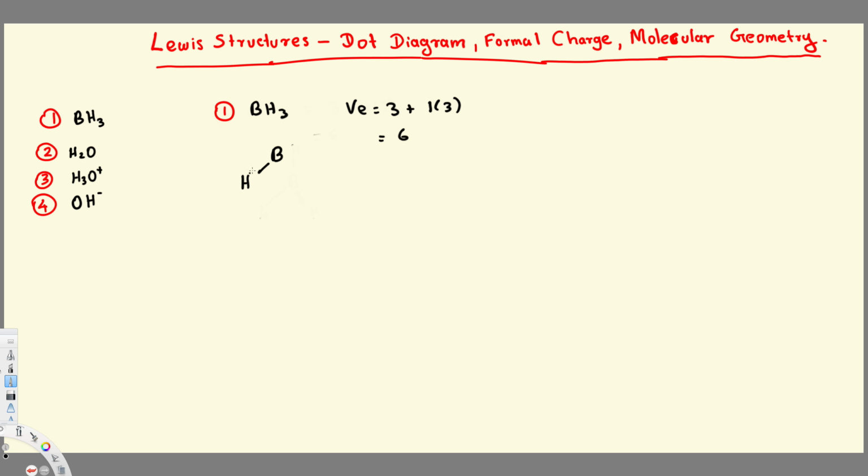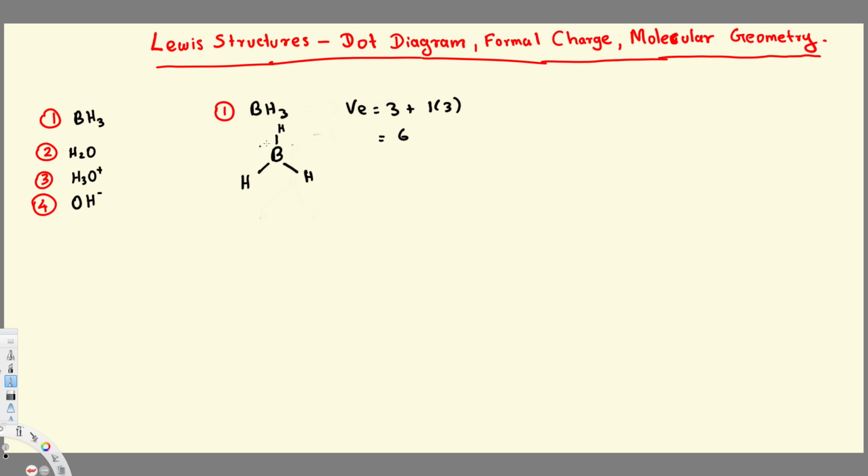So each hydrogen is going to have one bond right here, like this, and we don't have anything else. 6 electrons are finished, and this is going to be the structure. Boron is an exception to the octet rule, because all the atoms try to have 8 electrons around them except hydrogen, because hydrogen can only have 2. But in boron's case, it can be satisfied with 6 electrons.